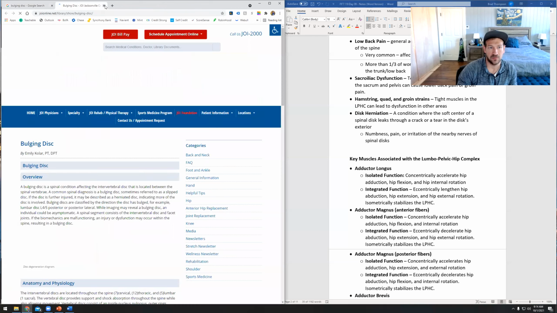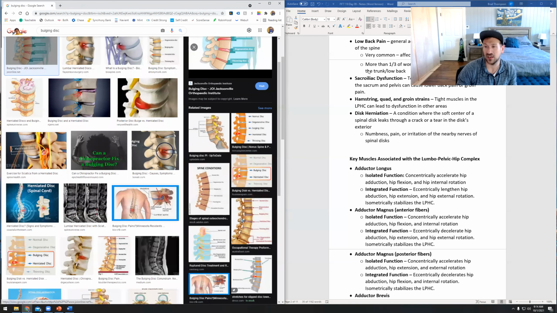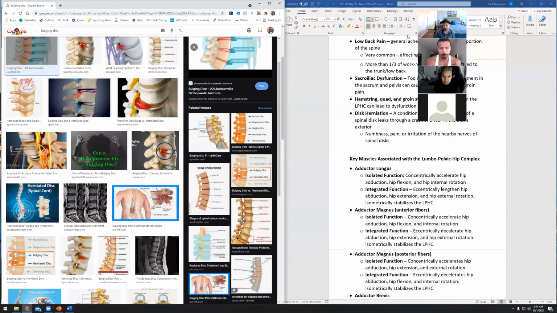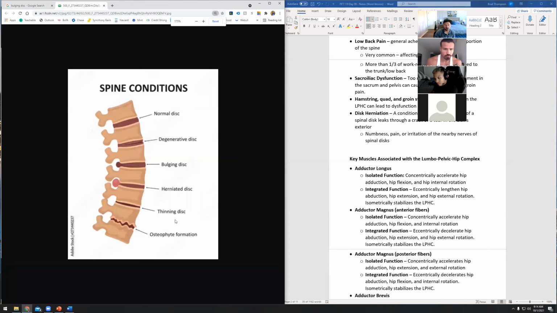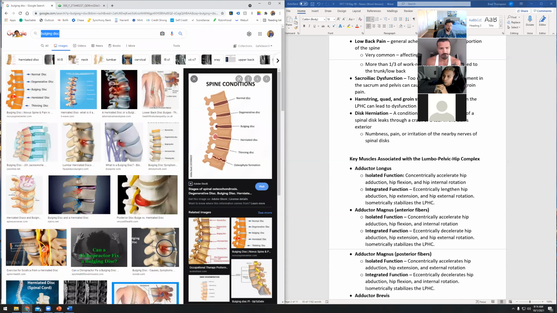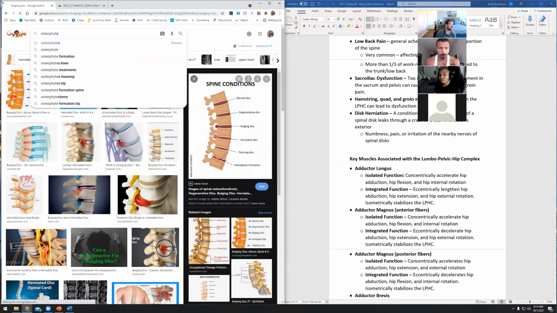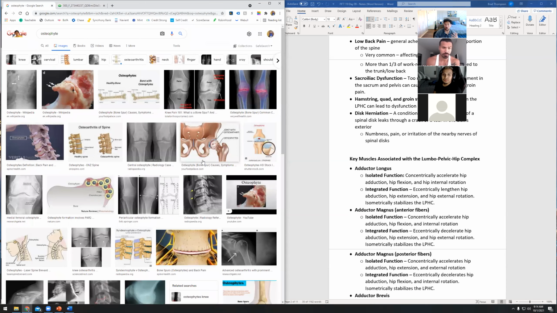Basically, it usually happens when you get older, right? A lot of this is just naturally going to occur. And then there is also sometimes part of that thinning. You'll see osteophytes. Remember, whenever we experience a little bit of damage, our body goes to repair by putting more bone tissue down, right?